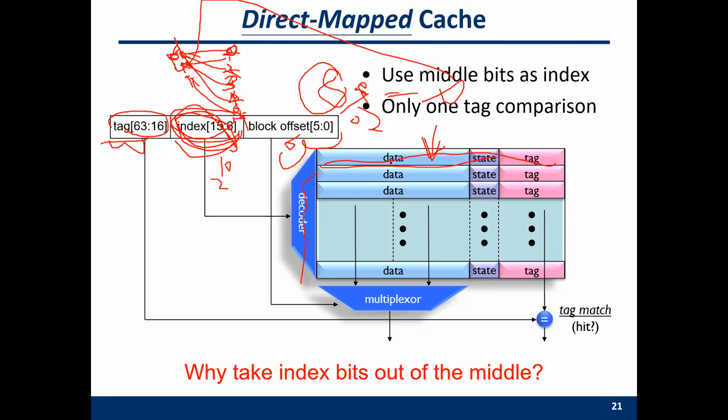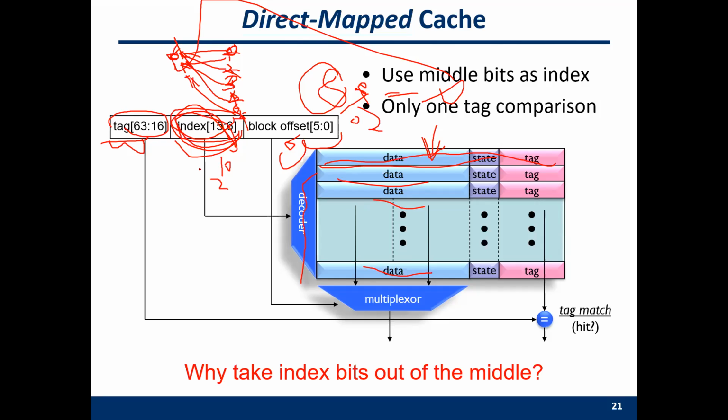In this way, the cache hit rate is smaller because you have fewer choices. Even if some other cache locations are empty, you cannot store the data in them because of the index.